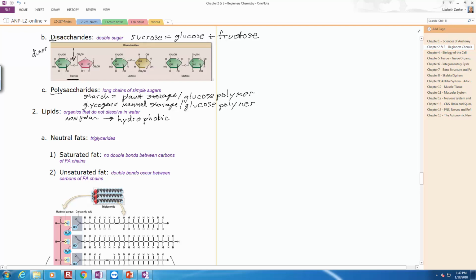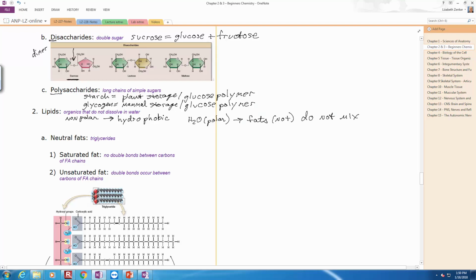So phobic means you have a fear of water. It's probably not really afraid of water, it just doesn't like it. So we're saying because water is polar, and we're saying fats are not, thus they do not mix.